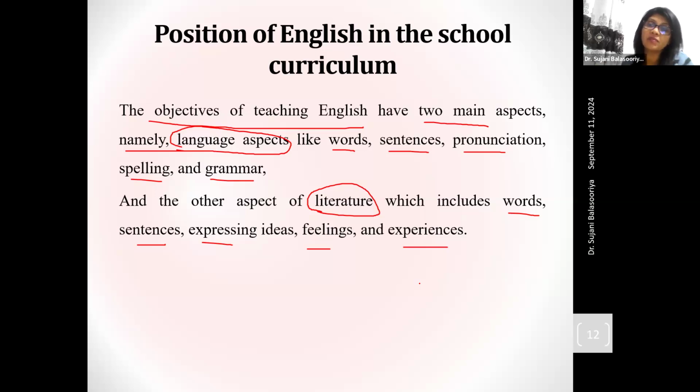You know what phonetic spelling is? Phonetic spelling means the spelling goes like how it is pronounced, both tally.